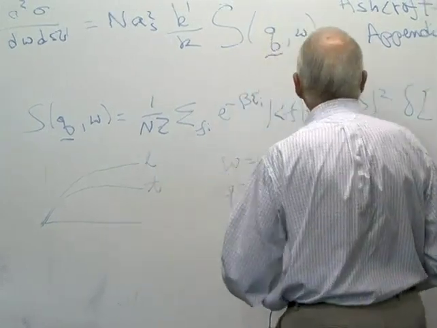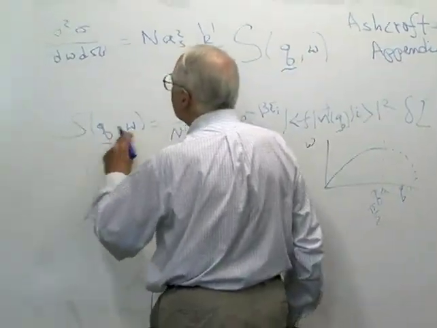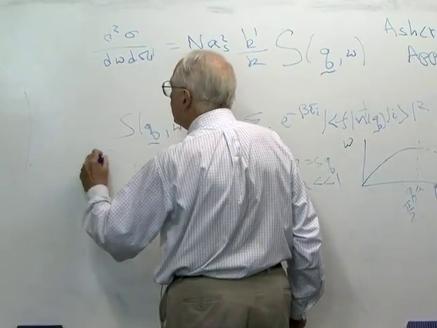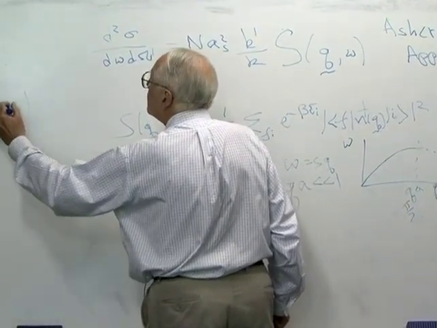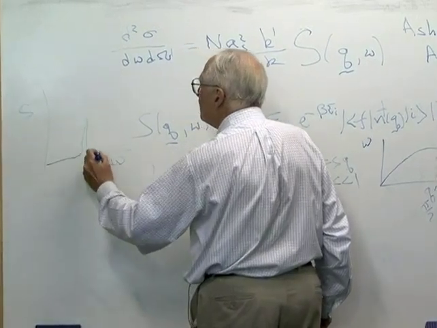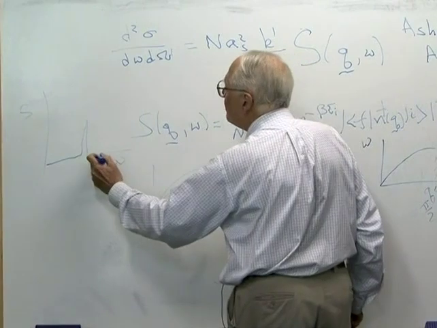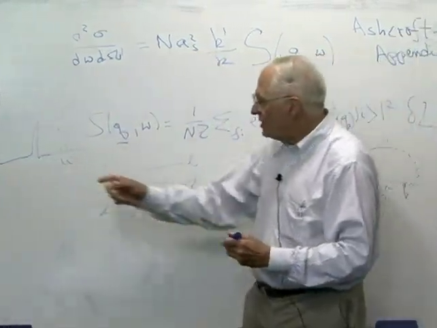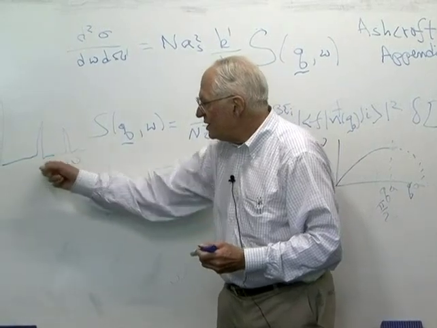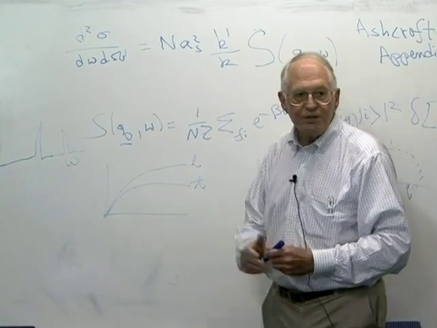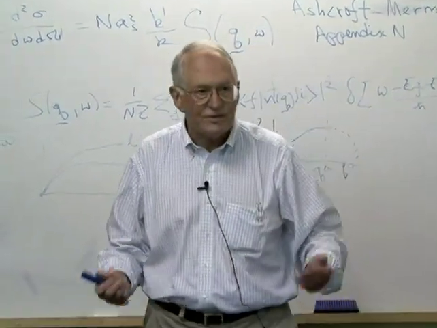And so what you do, if you look at the energy S of q and omega for a fixed q, you get a big peak at the transverse mode, you get a big peak at the longitudinal mode, and then if you vary the q, these shift, and that's how you map out these curves. So these are how you map out the phonon spectra of solids.